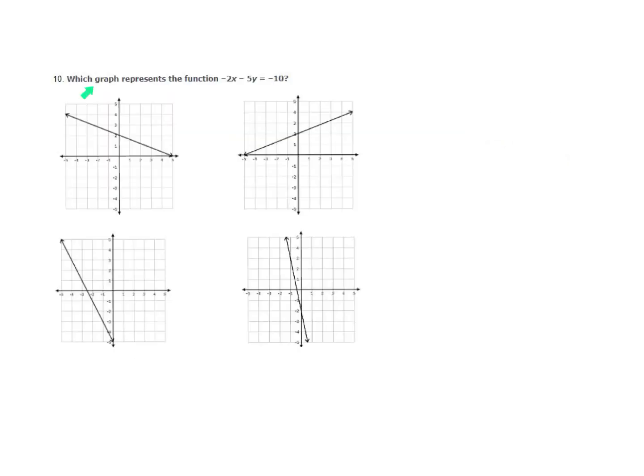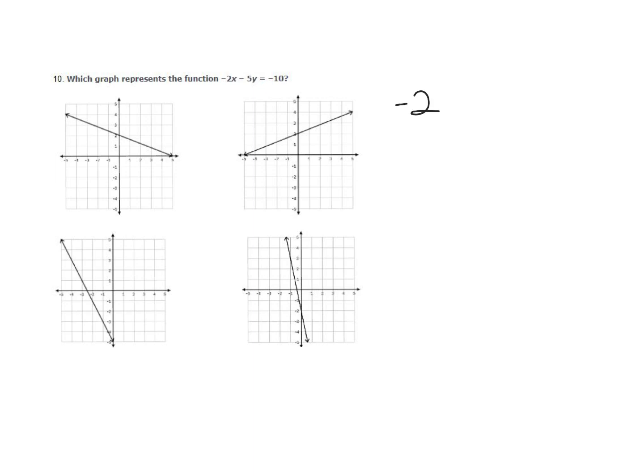Moving along here, which graph represents the function negative 2x minus 5y equals negative 10? All right, so this equation is in standard form, but which one of these is graphed correctly? Well, you can convert this to y equals mx plus b. So we have learned how to do this.